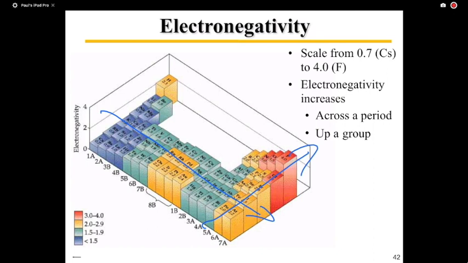Noble gases are not there. Noble gases don't want to attract any more electrons. Okay? And so they're left off this chart completely because they got the perfect set. Remember, they're happy. They're at Disneyland. They don't want any more.